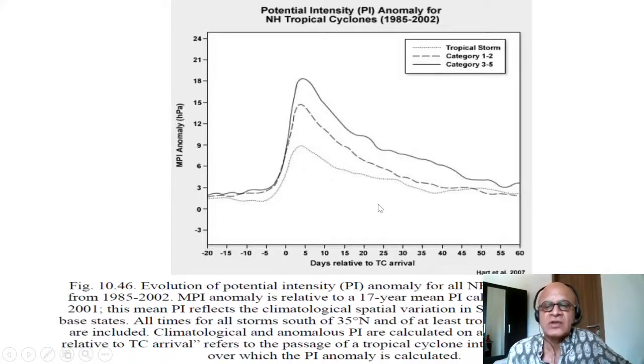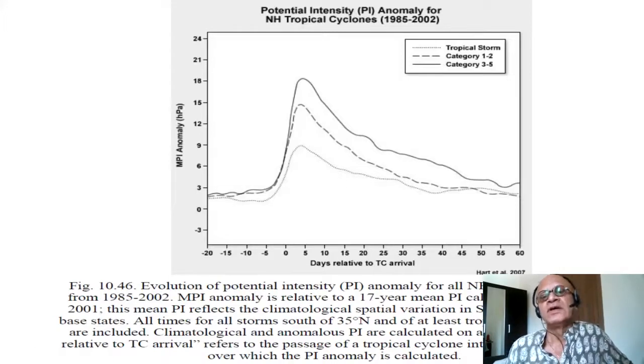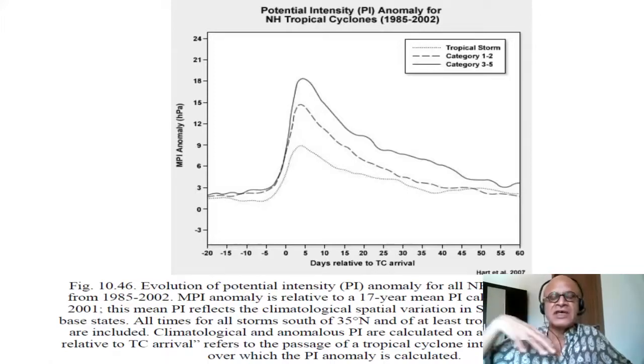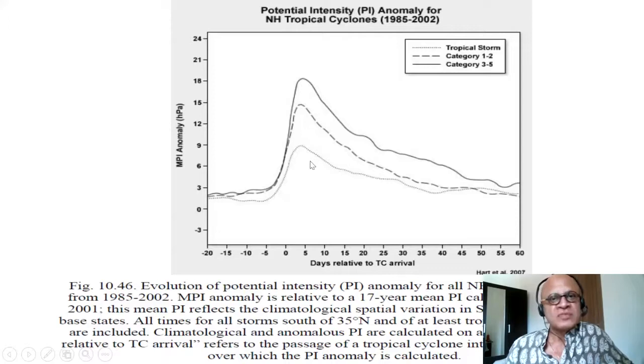So basically the cyclone's impact on the atmospheric system can last for a long time, because the cyclone is part of this environment and it has so much energy that even though it is being steered by the environment and can be affected by the environmental shear and so on, once it becomes a tropical storm from a perturbation, or a category 1, 2, or 3 to 5 cyclone, then it's going to have a significant effect that's going to last for a long time.